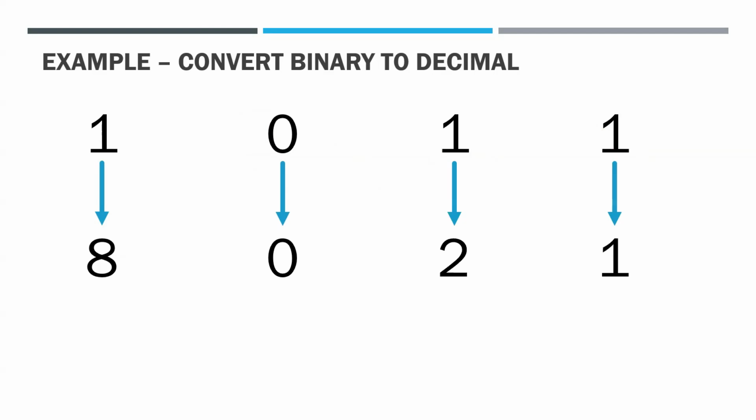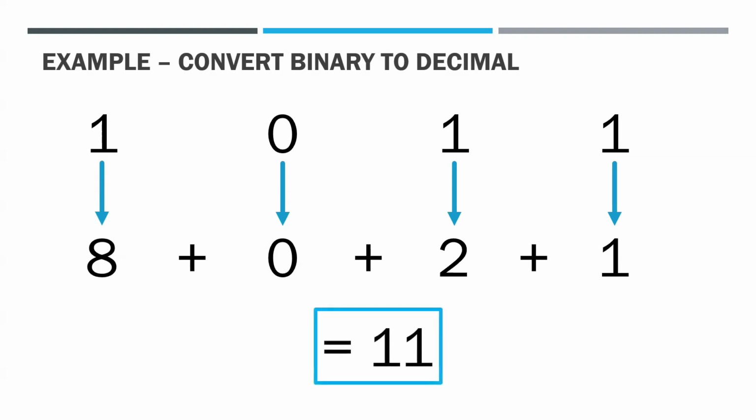So that is a 1. Add them all up, right? 8 plus 2 plus 1, which is 11. So this binary number, 1011, represents the decimal number 11.